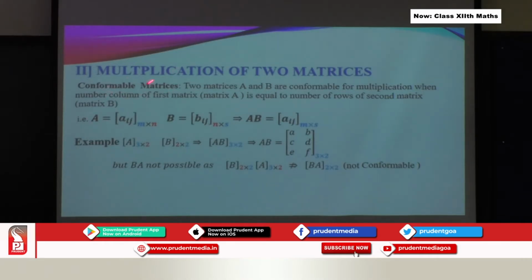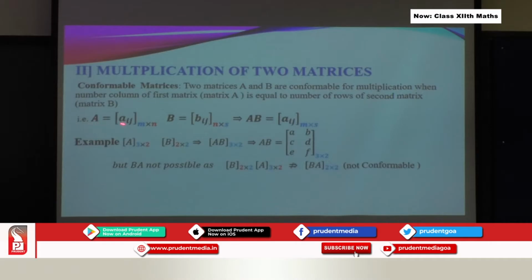Two matrices A and B are conformable for multiplication when the number of columns of the first matrix, right now I am considering matrix A, is equal to the number of rows of the second matrix, right now considered as matrix B. Look at the general format here.